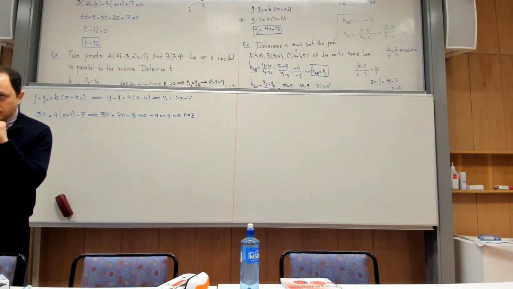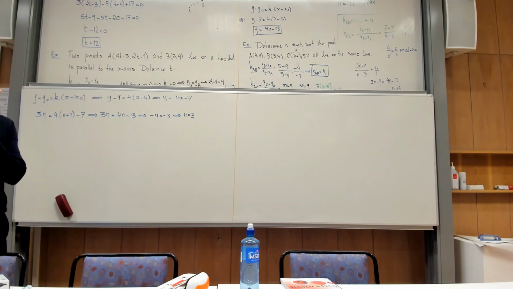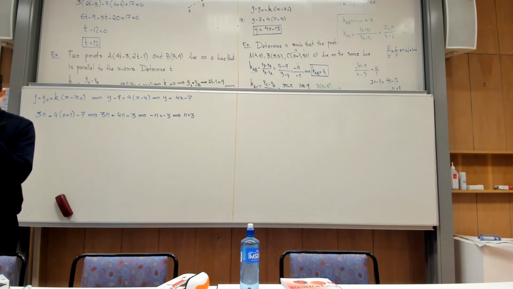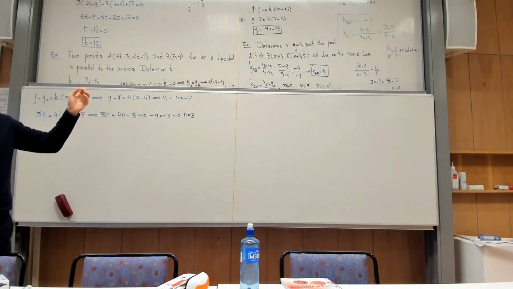Straight. Can you say something about it? I don't have an explanation with words, but if you use different values for n, the y coordinate always increases by 1. The y coordinate and the x coordinate are simultaneously increasing.